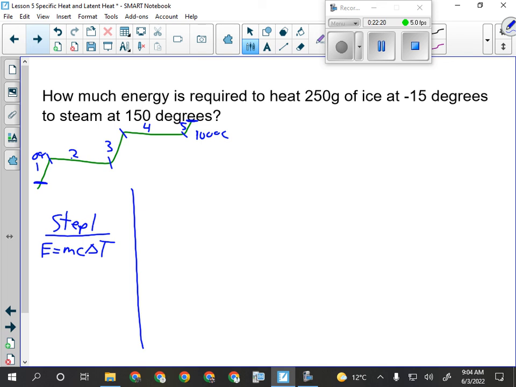For this particular question, my numbers will be 250 grams. In fact, that'll be the number for m everywhere at each step, times the specific heat capacity of ice, which is 2.116, times the temperature change. How much am I changing the temperature by? 15 degrees.